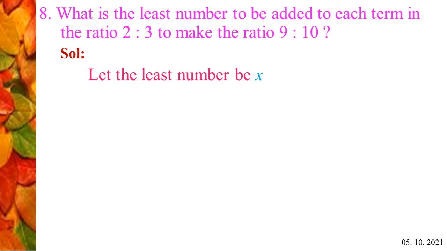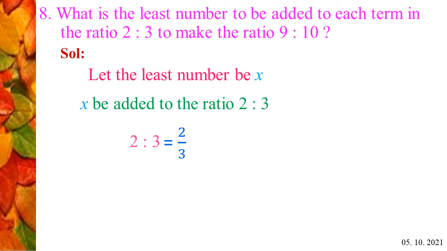Let the least number be x. x be added to the ratio 2 is to 3. So, 2 is to 3 equal to 2 by 3. So x be added to the ratio 2 is to 3. Therefore, 2 plus x by 3 plus x. It gives 9 by 10.